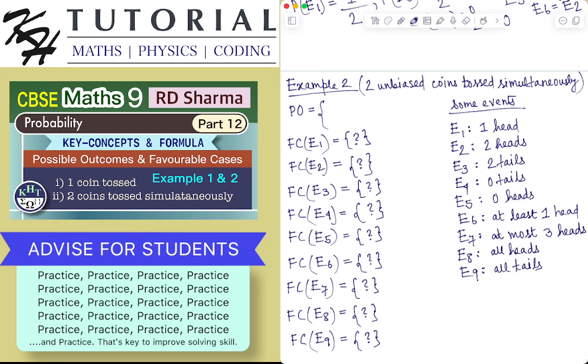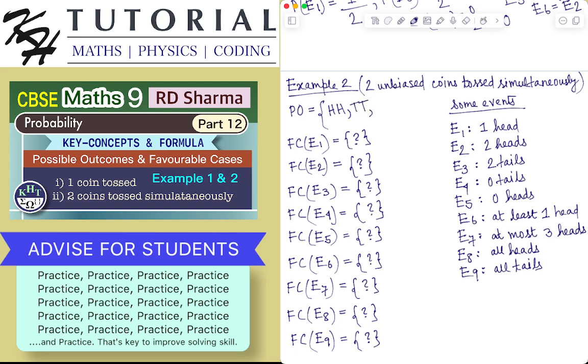So I hope you will have no confusion if I say that the possible outcomes of two unbiased coins tossed simultaneously will be something like this. It can be two heads, both the first coin and second coin are head. Both the coins can show up tail.